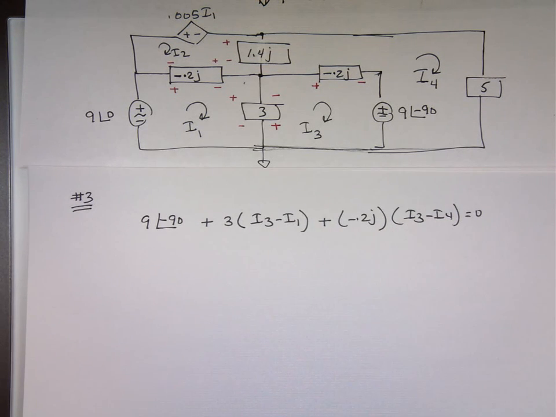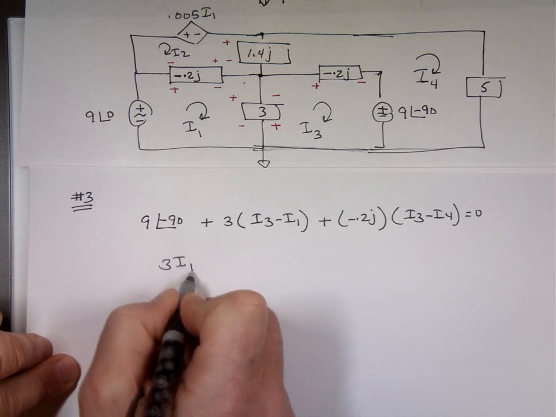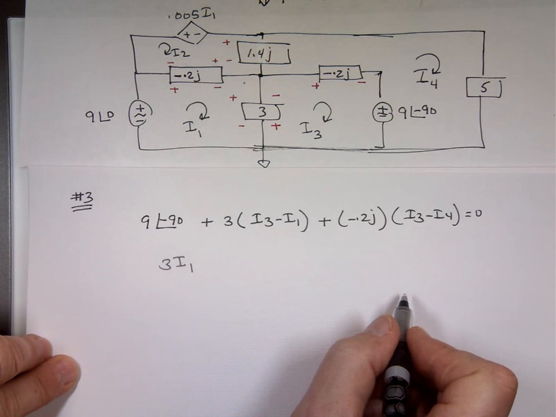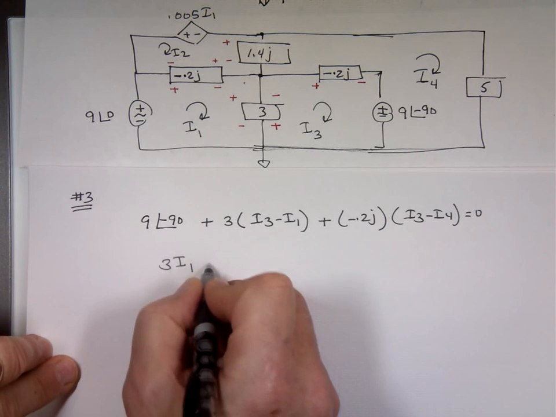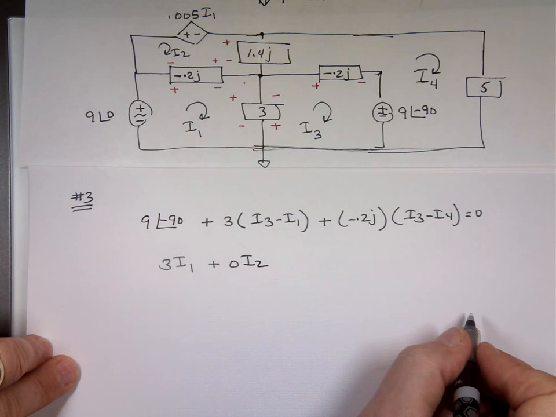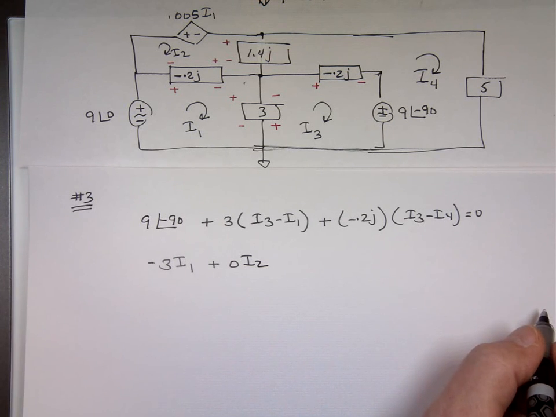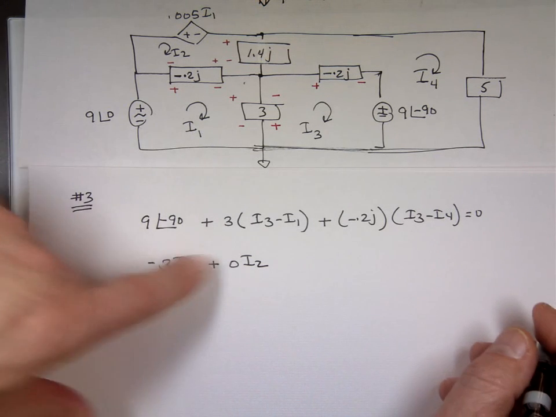Again, let's clean that one. I have 3 I sub 1. There is no I sub 2 there, right? 0 I sub 2. Negative 3, yep, thank you. Now, we go to I sub 3. I got the 3 minus the 0.2J, right?